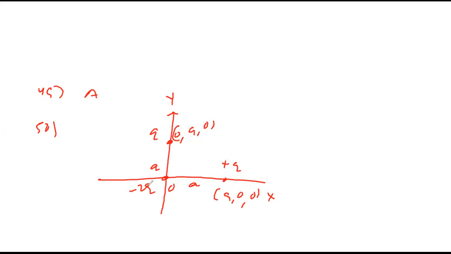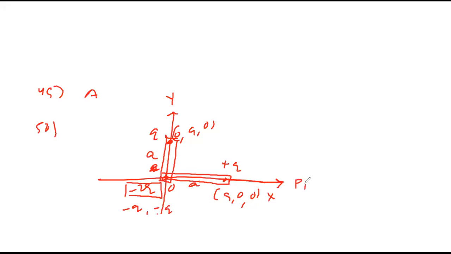Is it first electric dipole? If you split minus 2Q into minus Q and minus Q, then this becomes one electric dipole and this becomes another electric dipole, correct? Yes, sir. Intensity is directed from minus charge to plus charge.